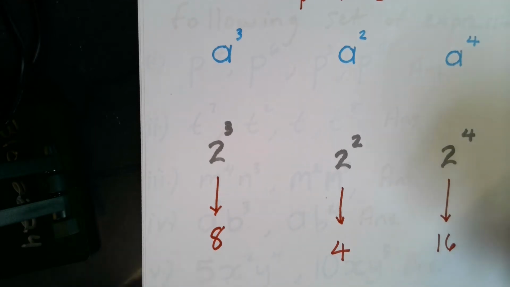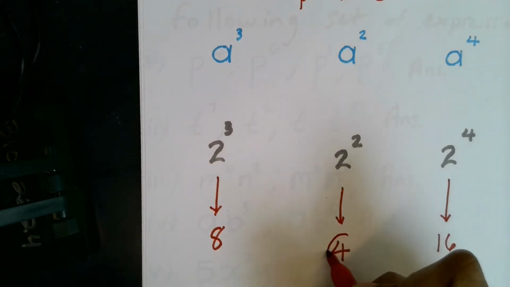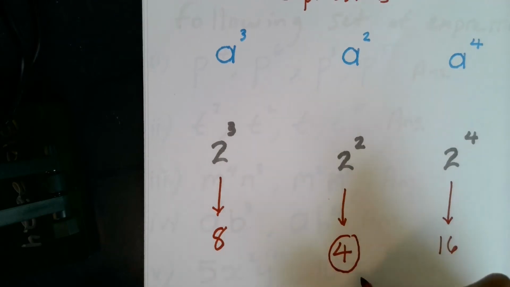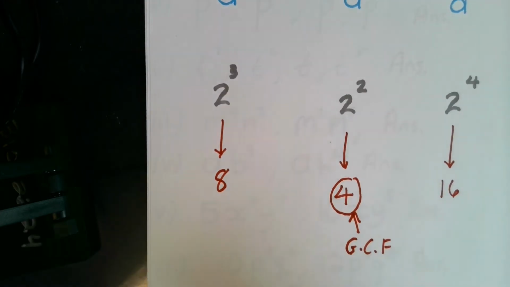All right. So the greatest common factor among these 3 numbers is 4. All right. So 4 is the largest number that can go into 8, 4, and 16 without leaving a remainder. All right?